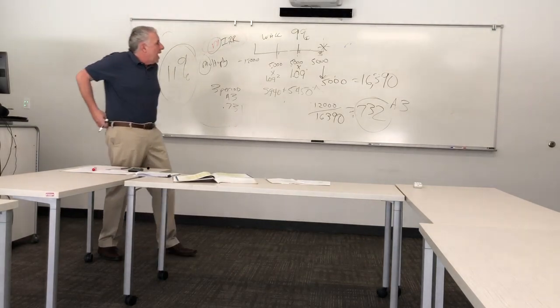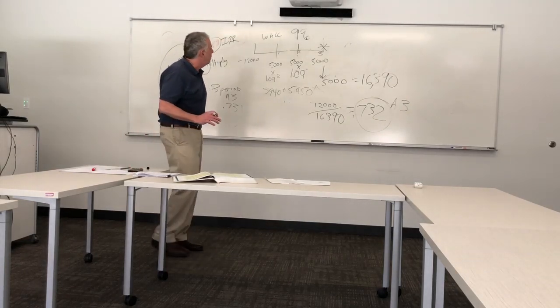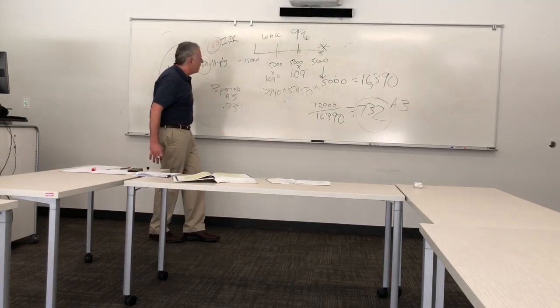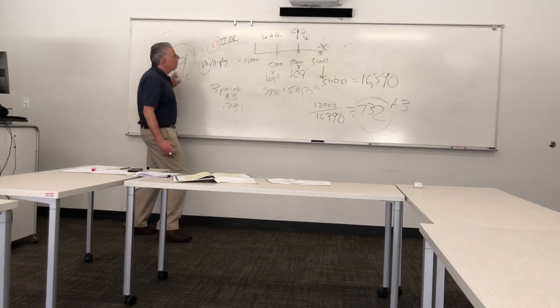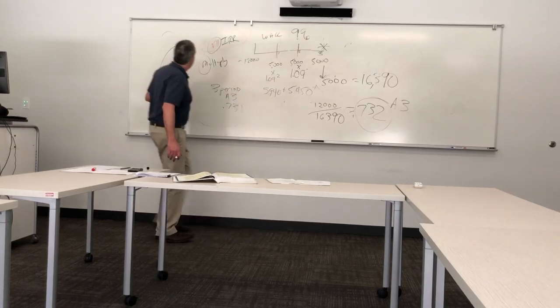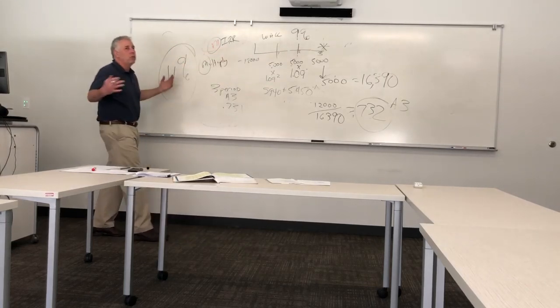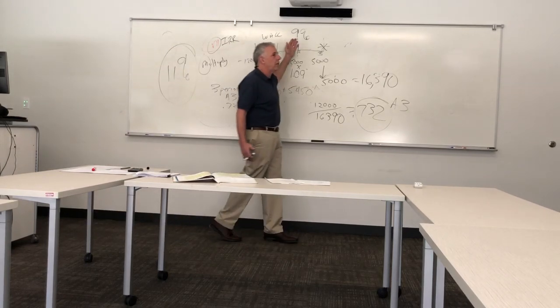Okay? Not what we calculated previously. In the modified internal rate of return, we get 11% versus internal rate of return was 12%. It's still a go because this is greater than the 9%. 11 is greater than 9, do the project.